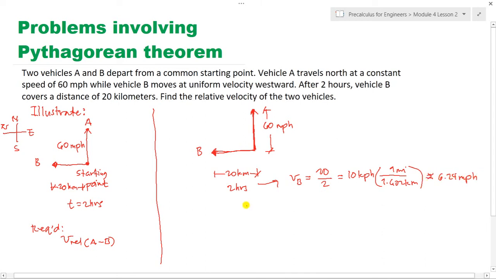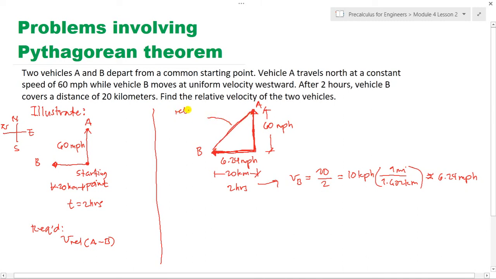So, therefore, consistent na sila. So, the magnitude of this vector B is 6.24 miles per hour. So, meron na tayong length dito sa vehicle A, then meron tayong length sa vehicle B. So, therefore, class, itong nagko-connect na vector from A to B, ito yung tinatawag natin na relative velocity nila.